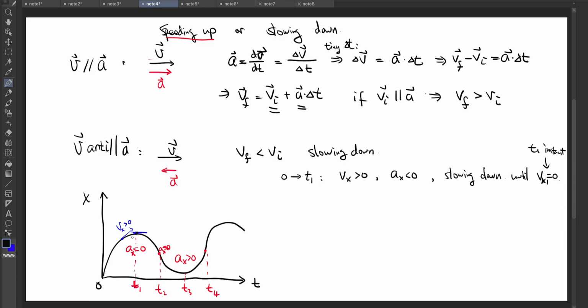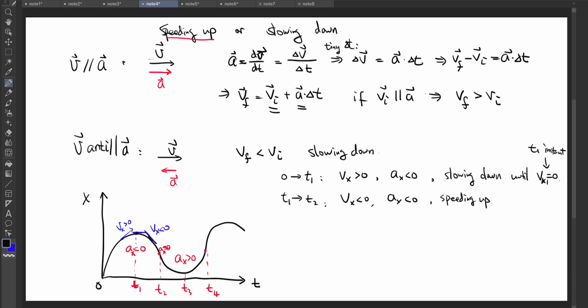Okay. Now let's draw the slope between t1 and t2. Now this slope is negative. So between t1 and t2, Vx is negative, Ax is negative. So now they're in the same direction. They're parallel, right? So that means that the object is speeding up.